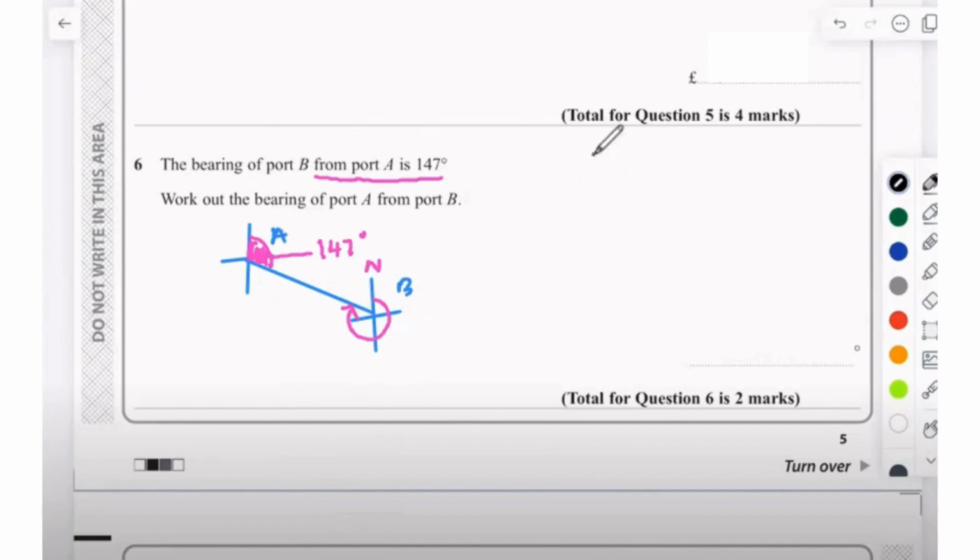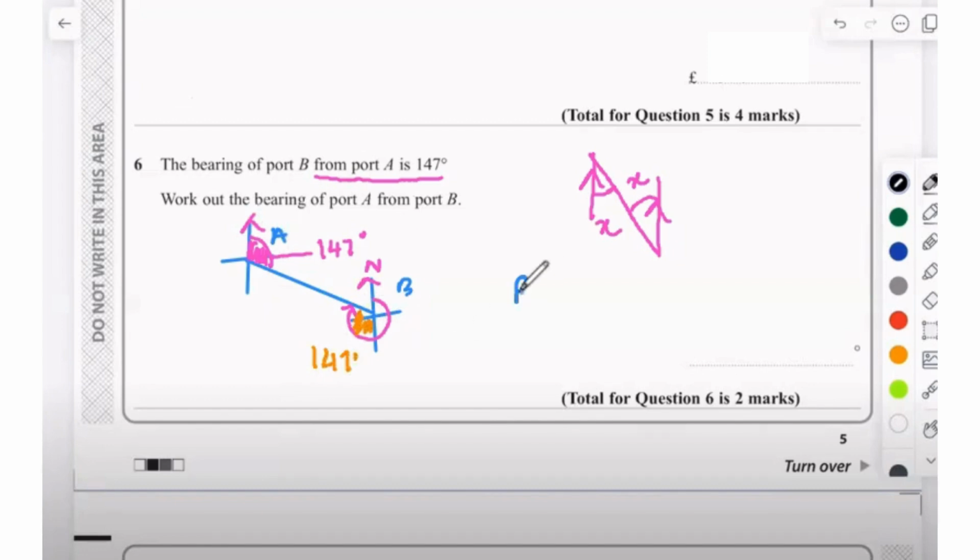Now, if you remember the rules for parallel lines, when two lines are parallel and they have a transversal passing through them, alternate angles are equal. So if this is, let's say, X, this would also be X. Same logic applies over here because these two lines are parallel, which means if this is 147, this will also be 147.